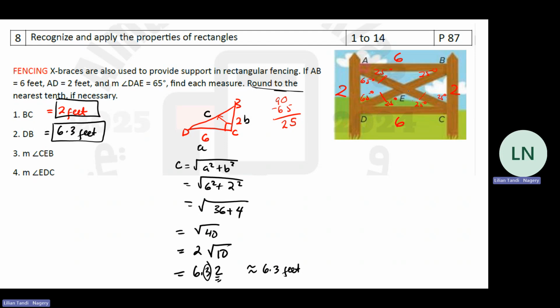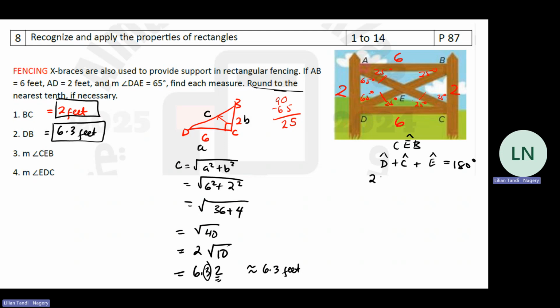Angle CEB will be found by, this is a triangle. So we do angle D plus angle C plus angle E, which should equal 180 degrees.